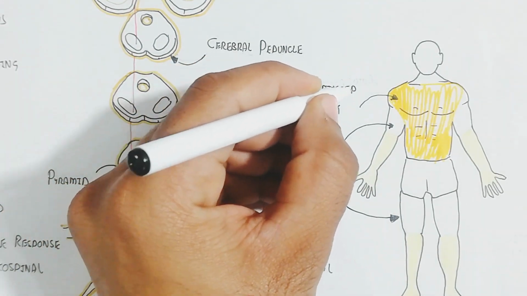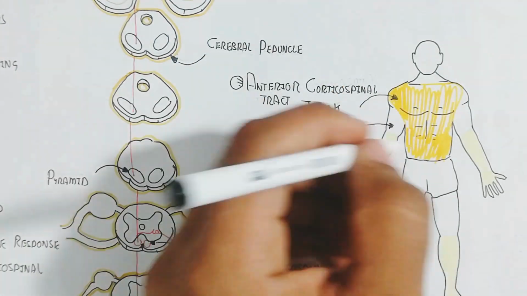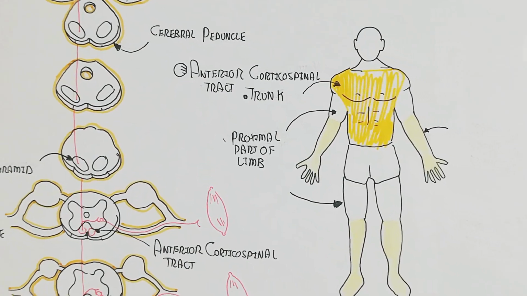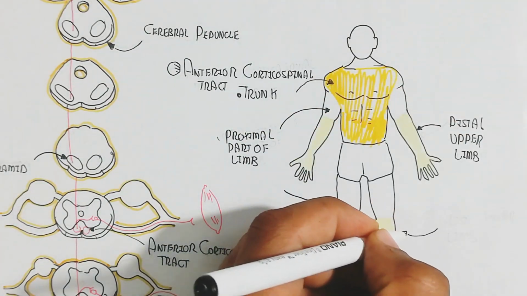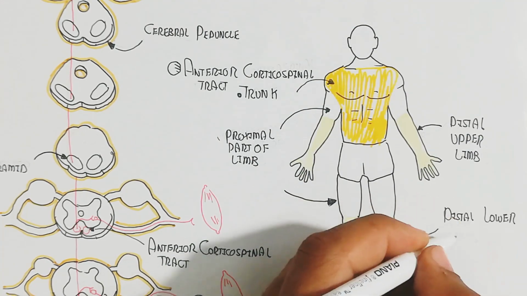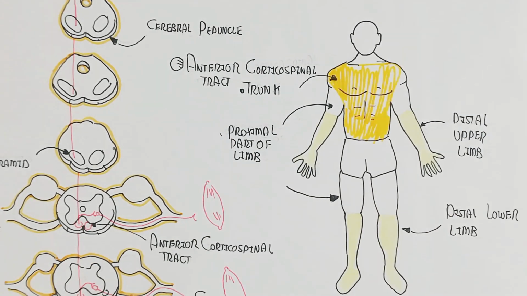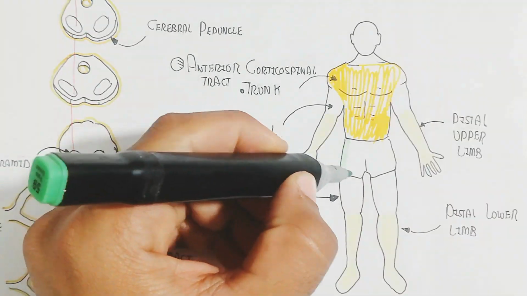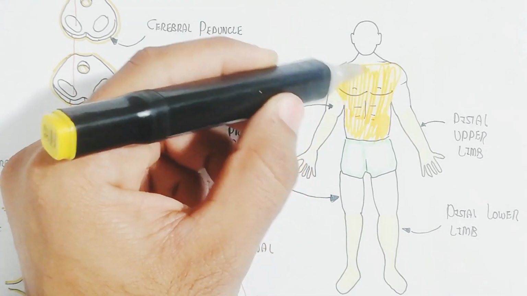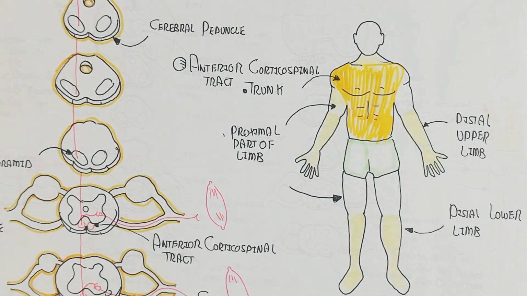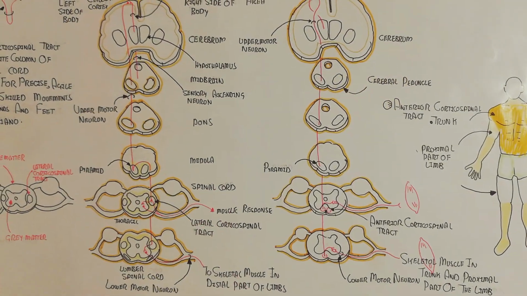Here is the trunk, which is controlled via the anterior corticospinal tract, along with the proximal part of the limb, while the distal upper limb and distal lower limb are controlled by the lateral corticospinal tract. So I hope this makes sense.